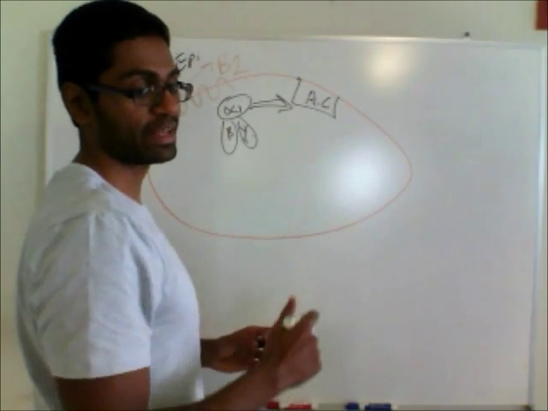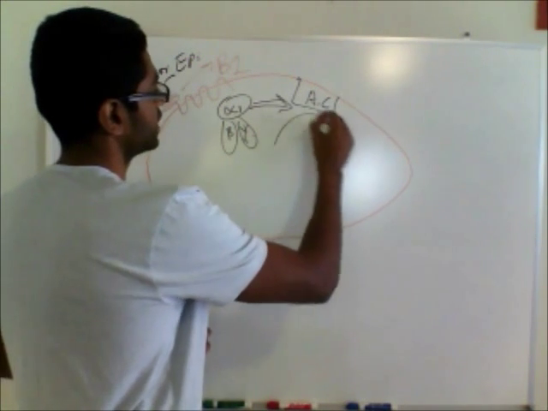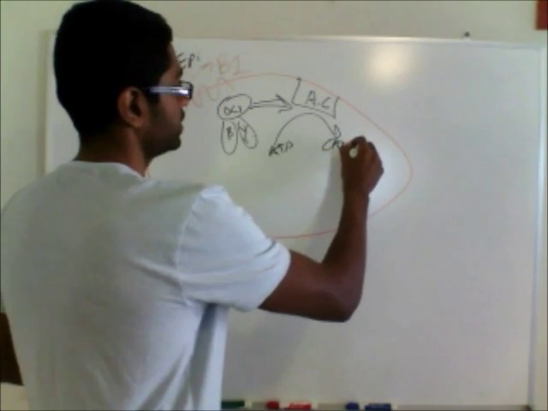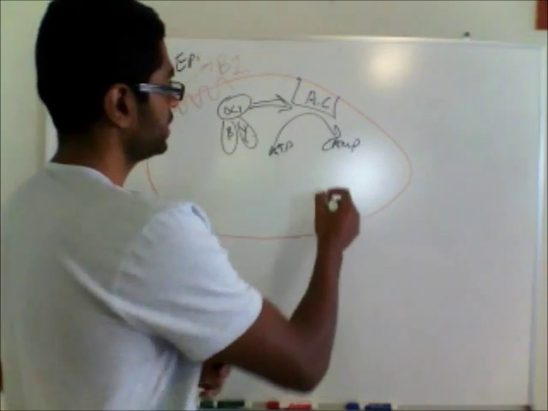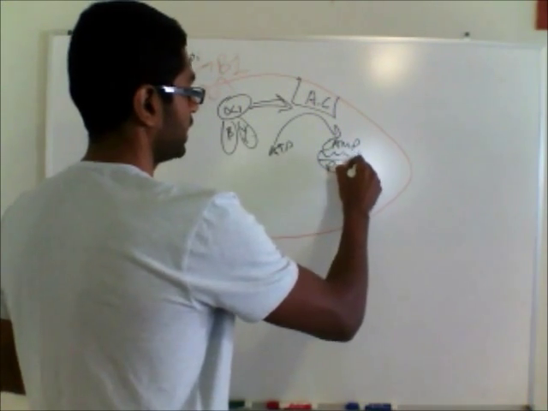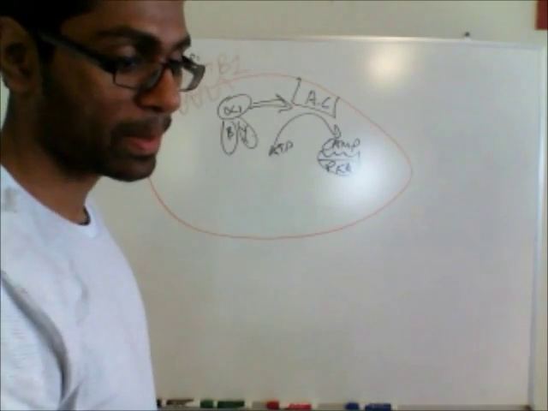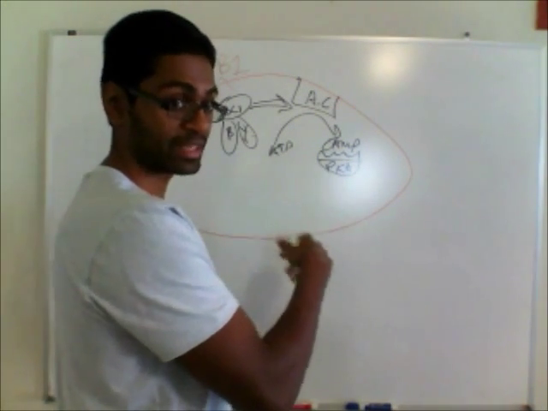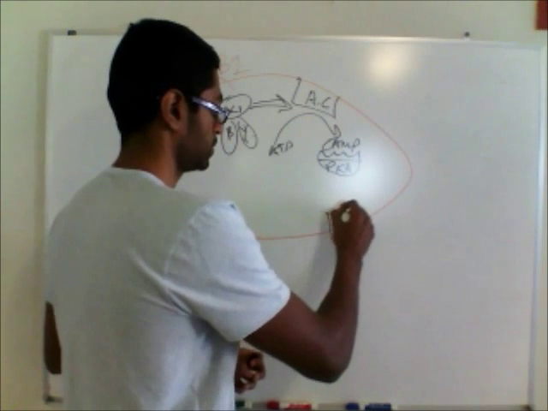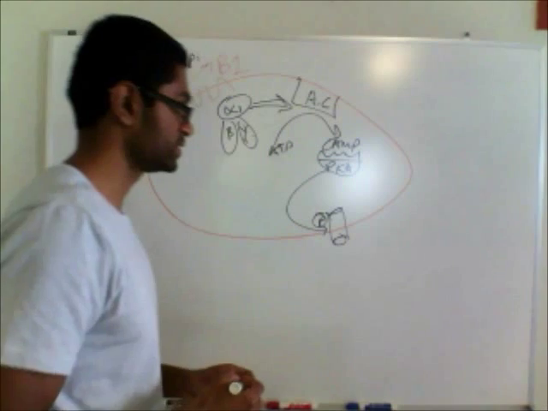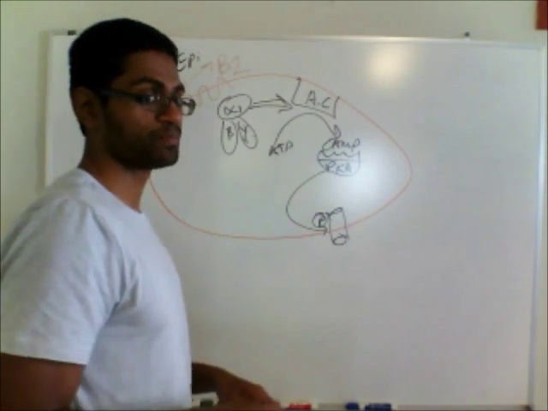Basically, the adenylyl cyclase converts ATP to cyclic AMP, and cyclic AMP goes ahead and binds to PKA. Then PKA phosphorylates this transmembrane channel.